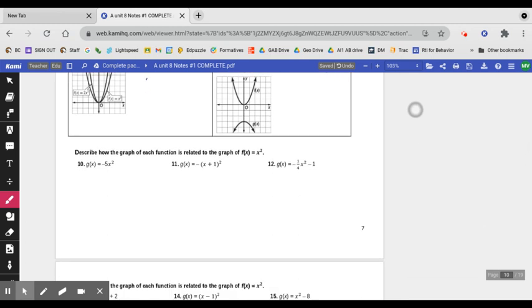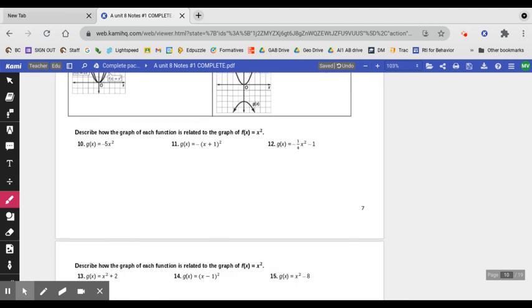So let's do a couple more examples here. So number 10, the negative is it's reflected over the x-axis. And the 5 is greater than 1, so it's vertically stretched.